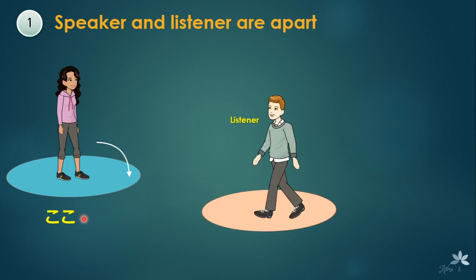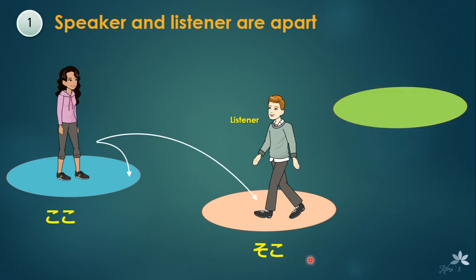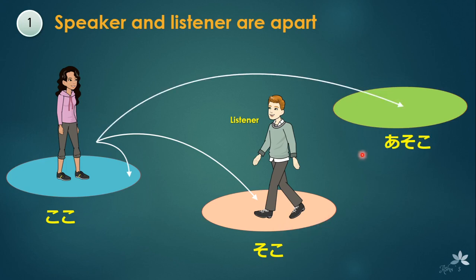The places where the listener is or the places close to the listener is referred by the speaker as soko, and the place away from both the speaker and the listener are referred as asoko.